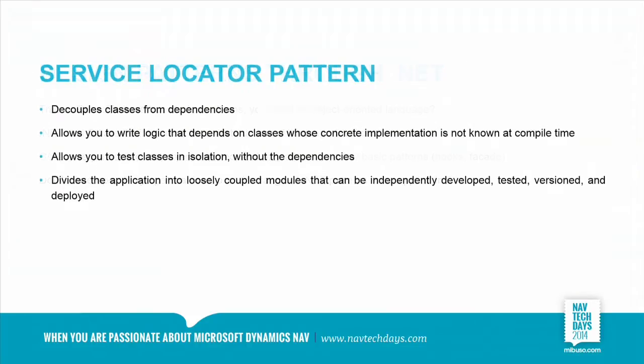So I will start with the service locator pattern. The biggest problem with NAV, as we have seen from Gary's presentation, is tightly coupled code. We have code which calls other code, which then calls other code, which may be calling back. So it's very difficult to, for example, have you ever had to debug, let's say, inventory adjustment or, I don't know, sales posting?